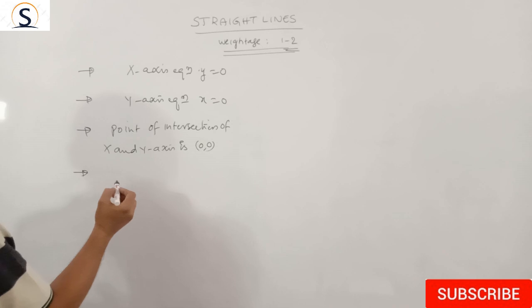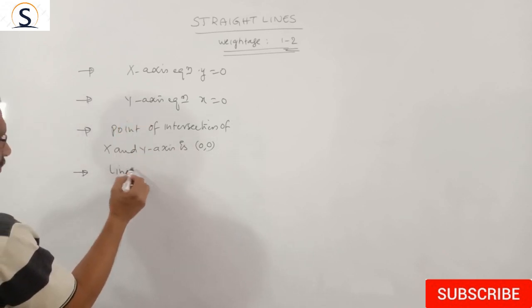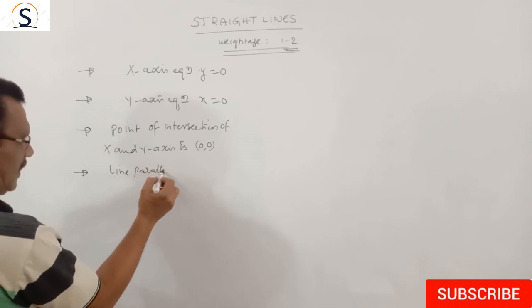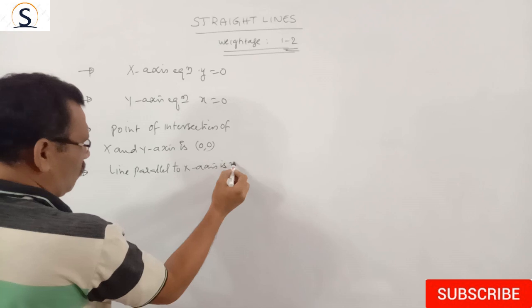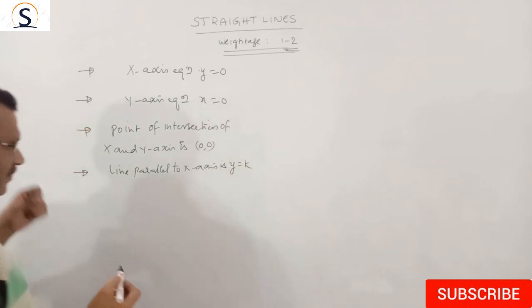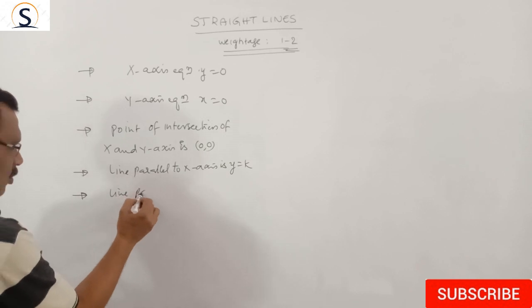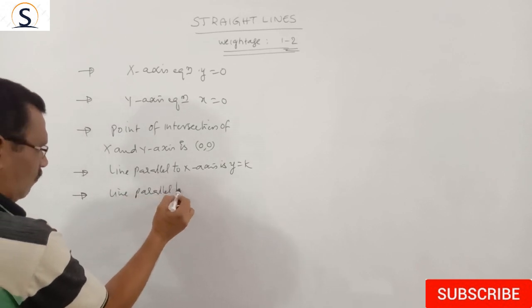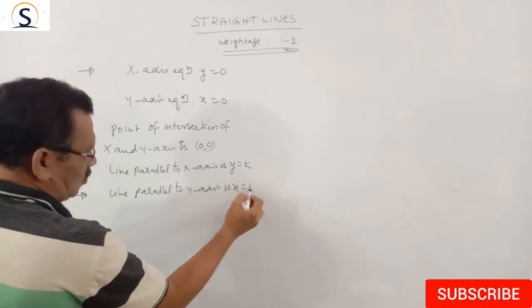Next, any line parallel to the x-axis is y is equal to k. A line parallel to the y-axis is x is equal to k.